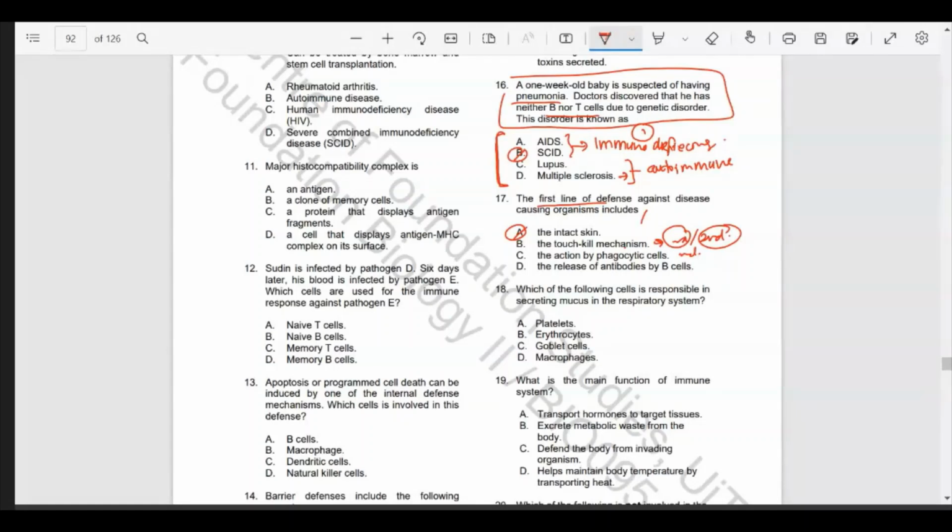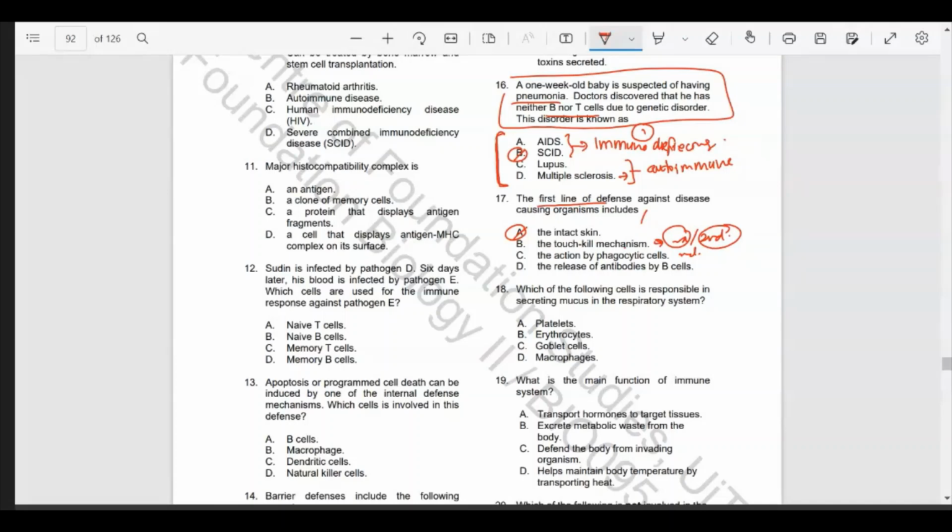Then another chemical is released, which is granzyme. Granzyme enters the infected body cell and causes apoptosis, which is programmed cell death. It causes the infected body cell to be lysed or destroyed. So that is the touch and kill mechanism.